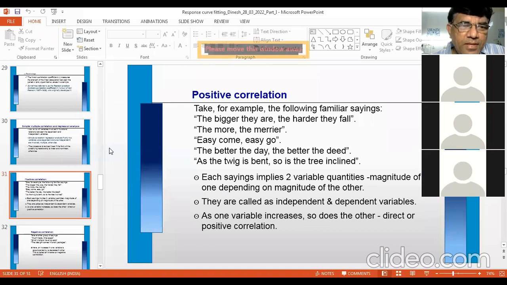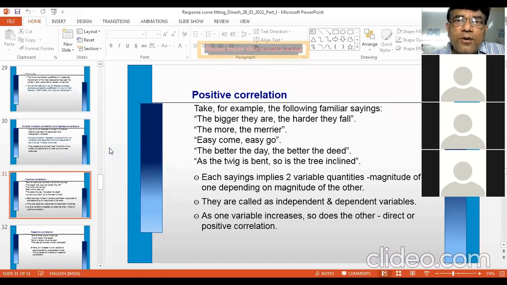Sir, what is the main difference between correlation and regression? Okay. See, correlation tells us just the association between two variables, whether two variables are related or not. For example, in general, if your height increases, the weight also increases. So we want to check whether height and weight are related or not.